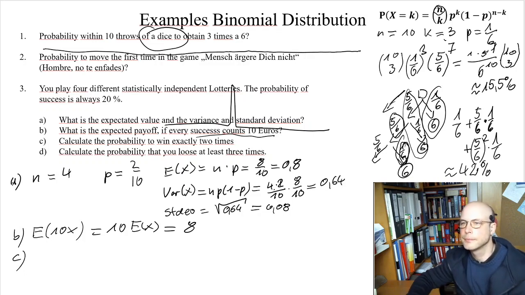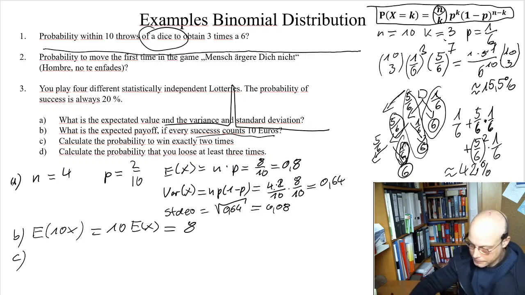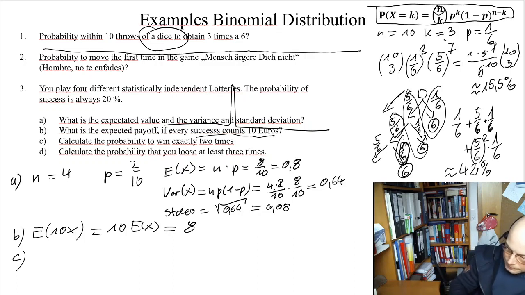Yeah, again, we take our formula here. K is 2. So we have 4 over 2 times 0.2 squared times 0.8 squared.